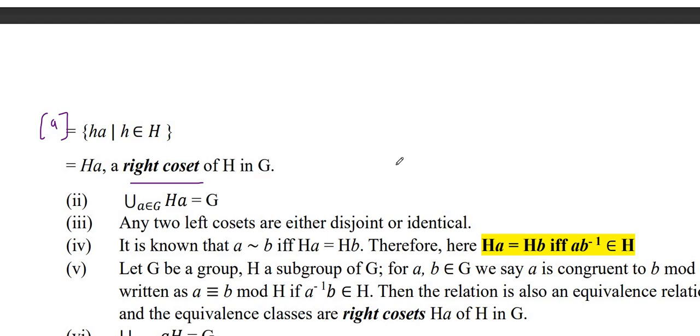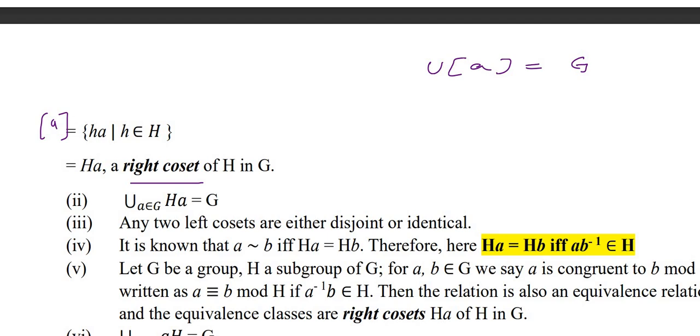Now, as far as equivalence classes are concerned, we know very well the properties of equivalence classes: the union of the equivalence classes gives rise to the entire set G. Here it is a group, but generally when we define a relation, we define it on a set only.